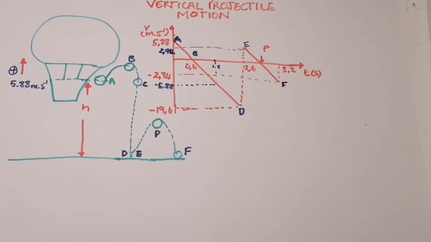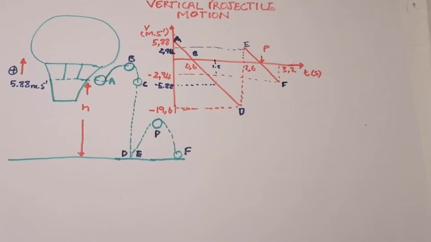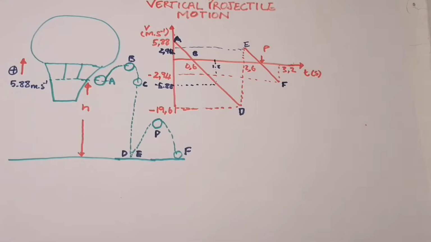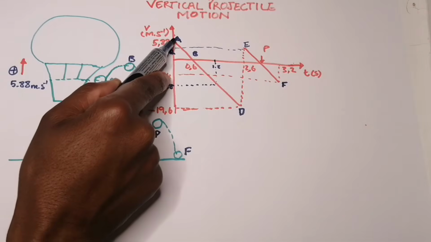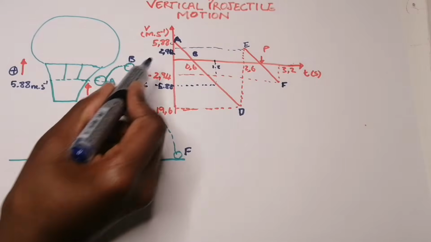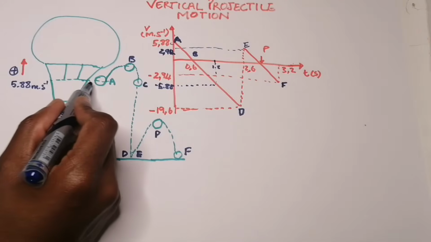Now they say to you, write down the magnitude of the velocity of the hot air balloon. Do you see that this velocity time graph had nothing to do with the hot air balloon, but instead it was for this ball that was dropped? But where are we going to get the information for the hot air balloon? Of course, at the initial point, because when this ball was released, it was still with the hot air balloon.